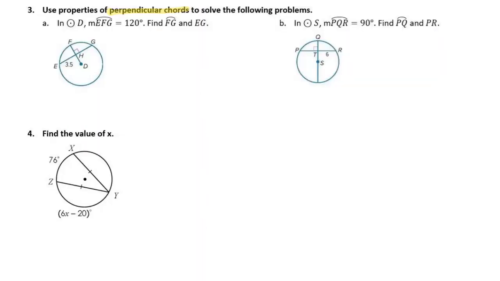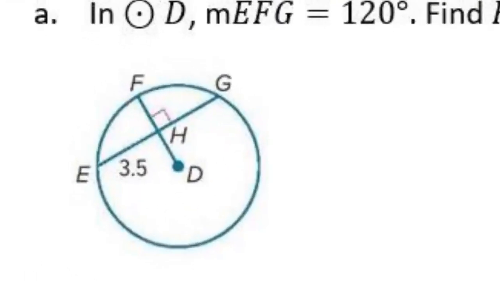So let's go back and look at number 3. What part of a circle would we call DF? A radius. And what is that radius doing with chord EG right here at H? Yes, it's bisecting it because what symbol do you see right here?